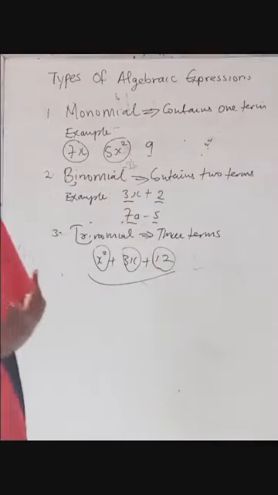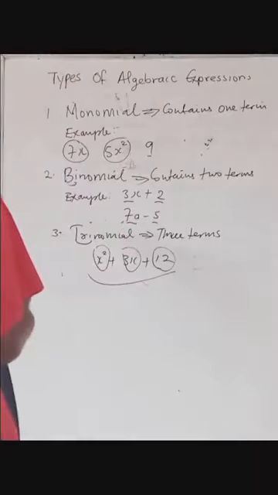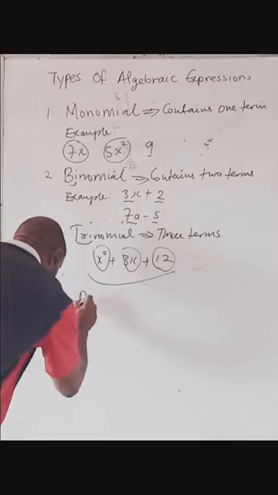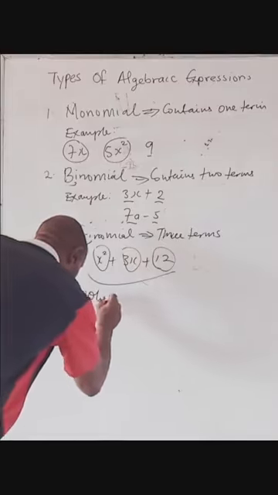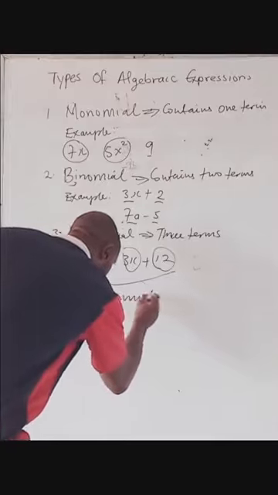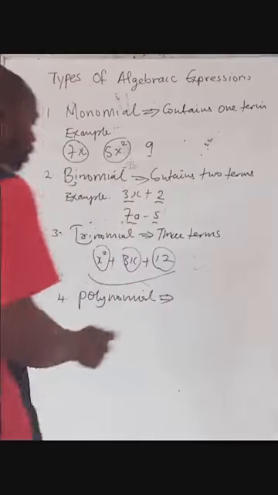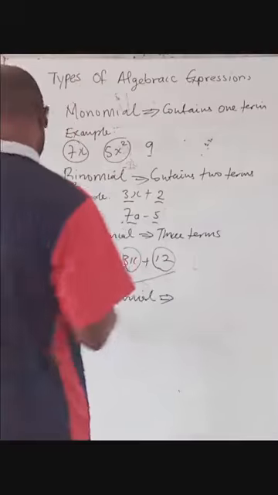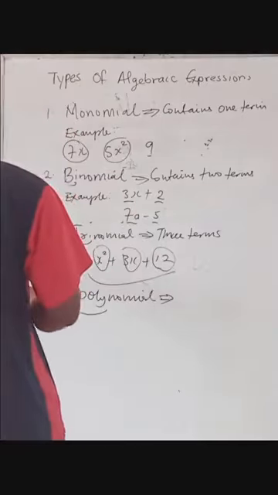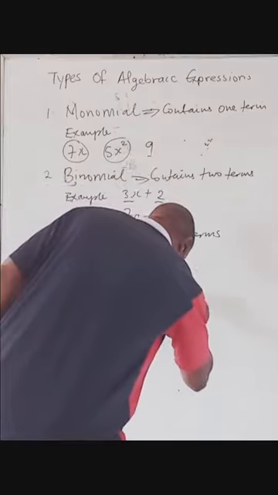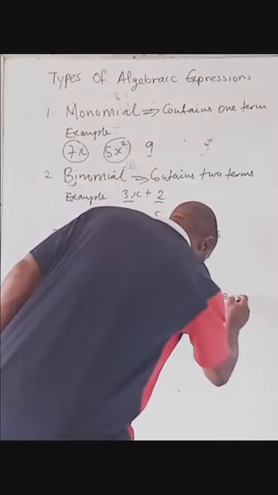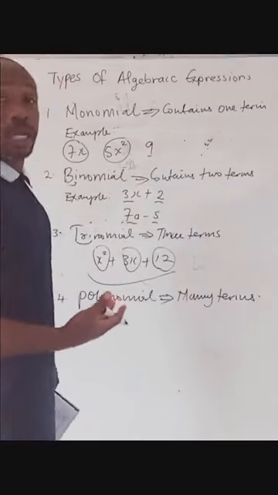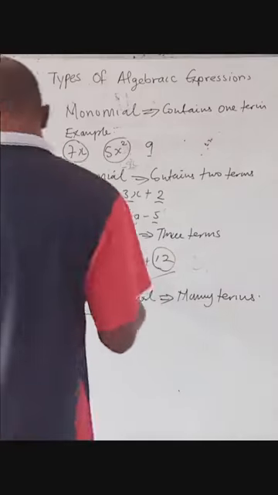Now the fourth type of algebraic expression that we are going to look at is polynomial. As the word implies, poly means plenty or many, so many terms. An algebraic expression that contains many terms is referred to as a polynomial.